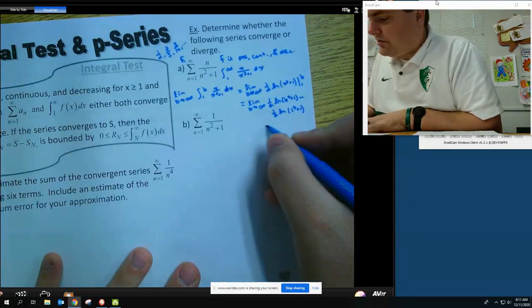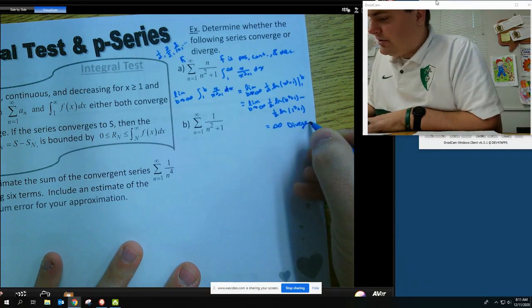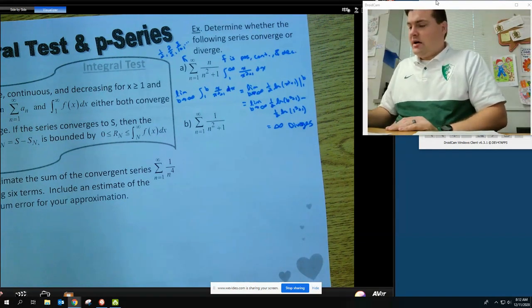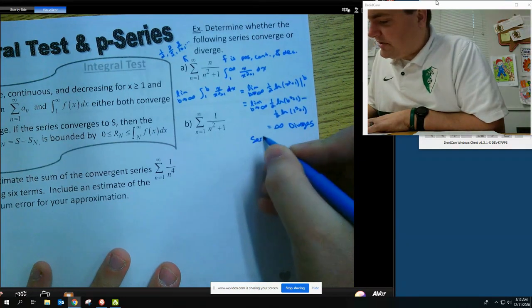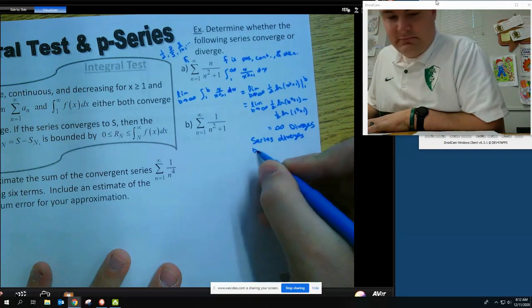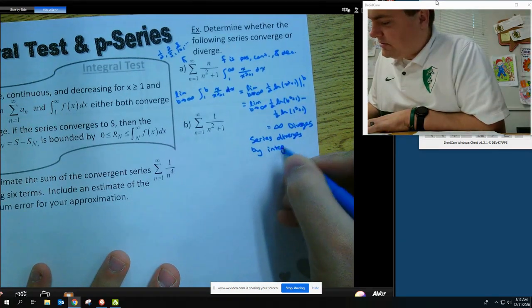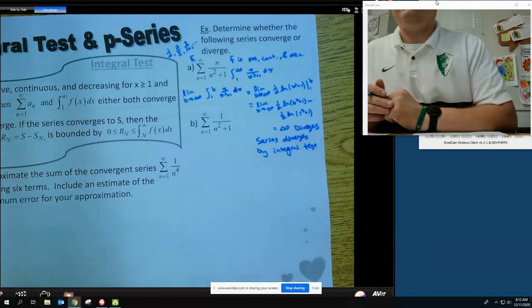So this is going to equal infinity. So this diverges. So therefore the series diverges by the integral test. Okay, and so there's that one.